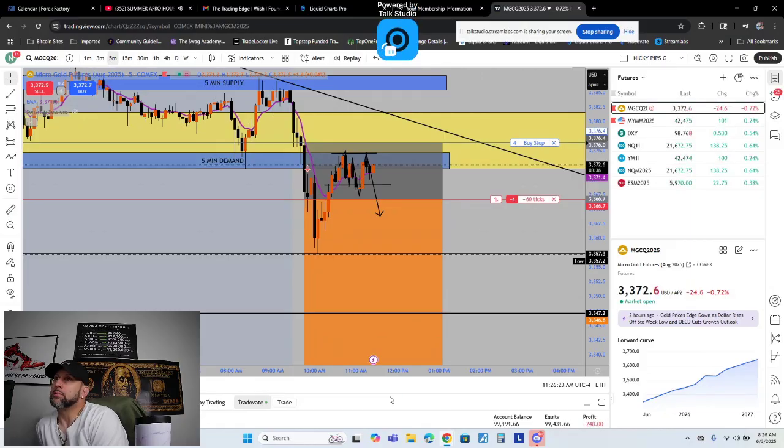So because of that bullish candle, we had a slight pullback and it might make a higher high. Push up. We'll see if 5-minute demand is strong enough to reject it.